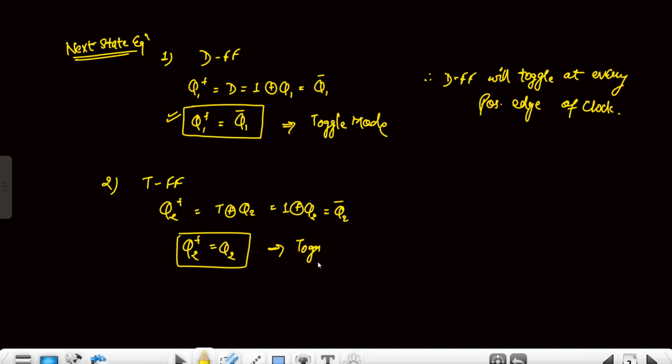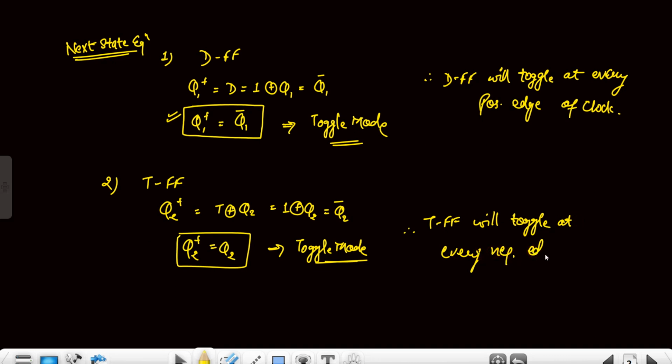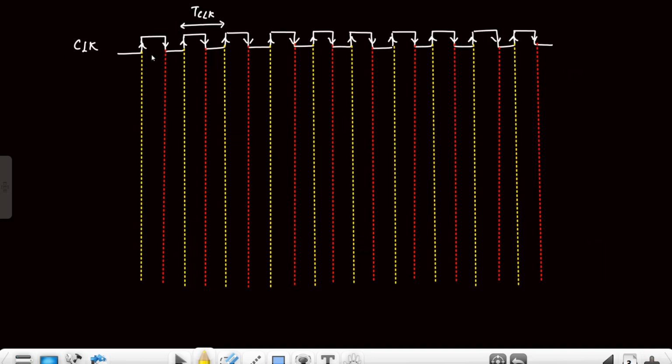But here the T flip flop will toggle at every negative edge of clock. So we have to focus on both edges of the clock, and that's why I have drawn both edges. This is the positive edge, this is the negative edge, in different colors for better clarity.